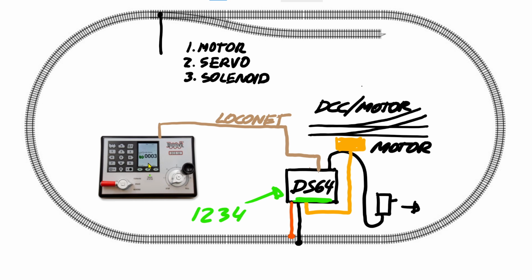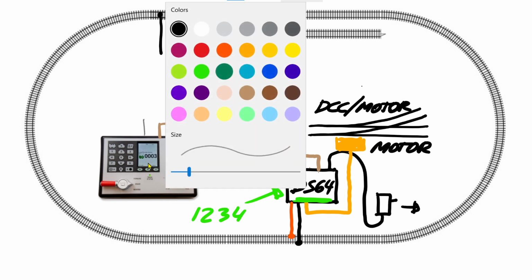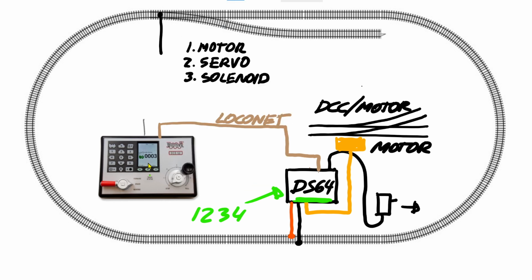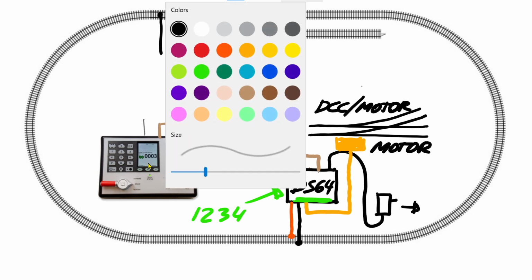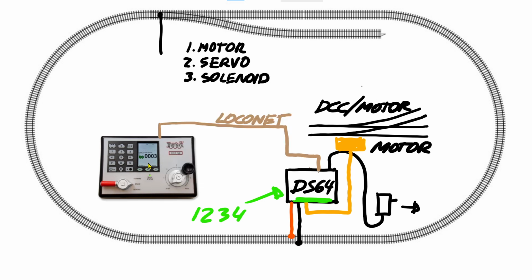If you're not using that combination, okay, so you're not using an accessory decoder, you connecting your, let's finish our diagram actually. So we need to put some, oh, a little bit thicker. There we go.